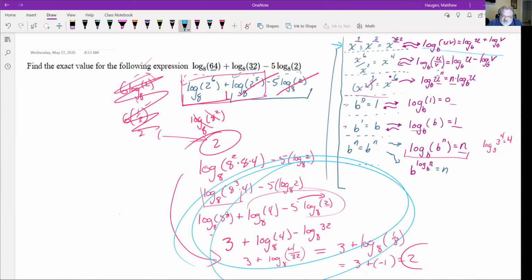What's the difference between being able to throw them around that way and looking at them like it's just a jumbled mess? What makes the difference? One's quite a bit easier.